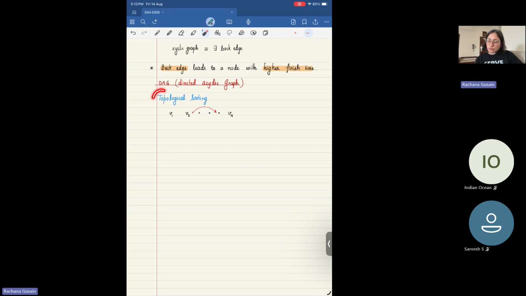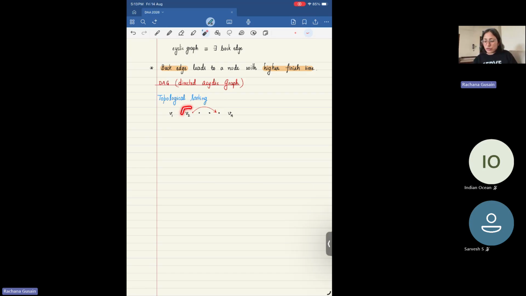So one way to get the topological sorting is you identify a source vertex, take that as your first vertex, right? So this is a source vertex. I know that all the edges from this vertex are going to be in the forward direction, and then you recurse. What I mean by recursion is delete this vertex from the graph, from the original graph, and because the graph was acyclic to begin with, even after deleting a node and edges associated with that node, the graph will be acyclic.